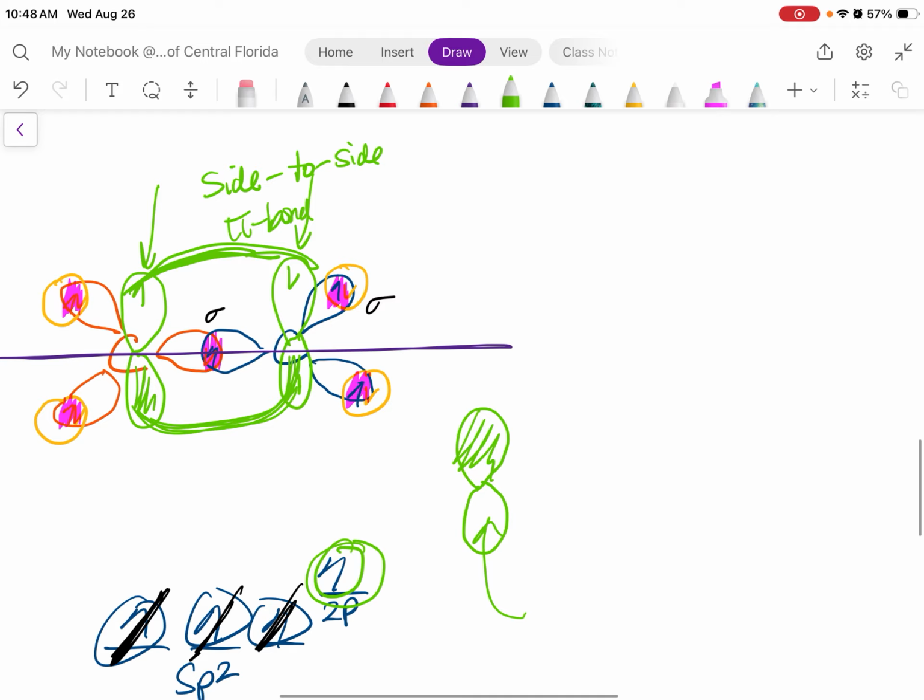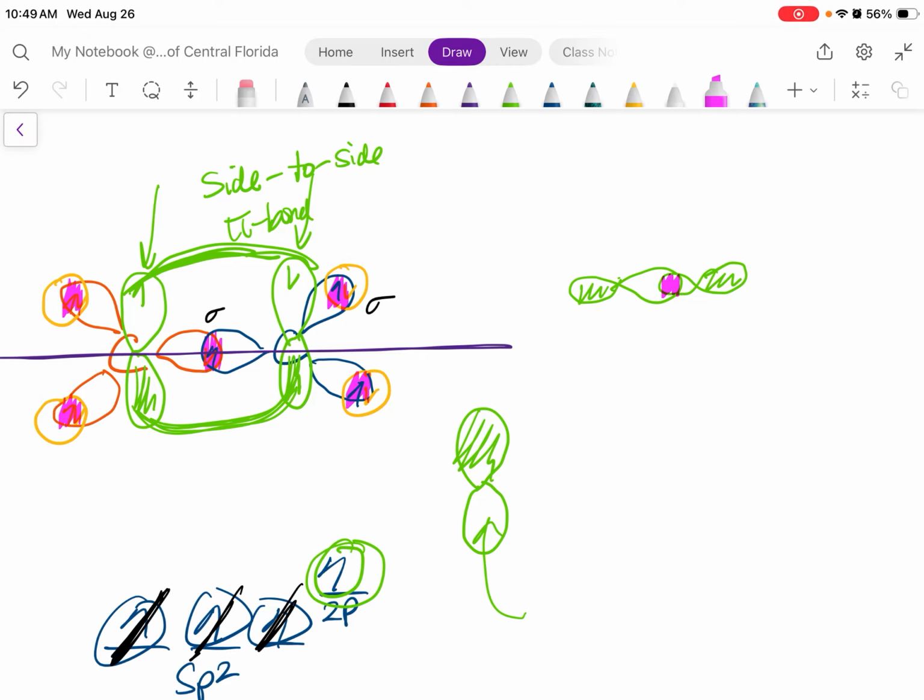So if I had two p orbitals and I wanted them to do head-to-head orbital overlap, it would look like this. There's a p orbital. There's a p orbital. Head-to-head orbital overlap would look like this. Well, let's give them their phases. Head-to-head orbital overlap would look like that. And then you see interactions right there.